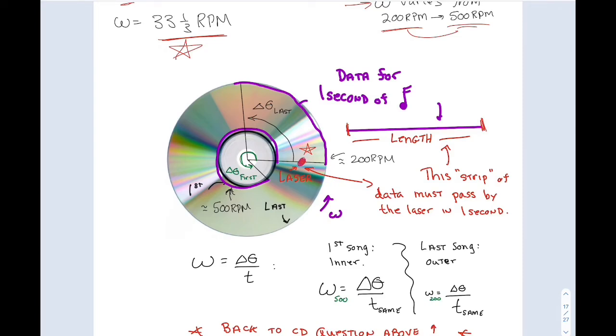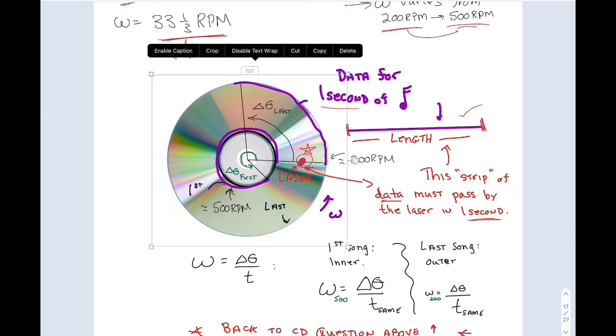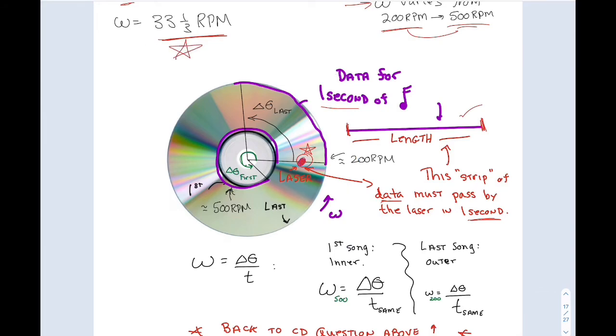So for the audio CD, that strip of data has to pass by the laser head in 1 second. The laser wants to read a certain amount of data, which is 1 second of music, at a constant rate. So for the inner song, this strip of data, if it starts here, goes almost all the way around.